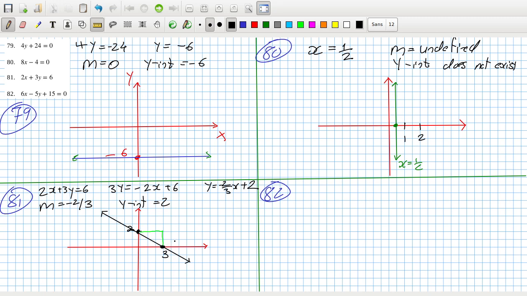Yeah. And then 82, 6x minus 5y plus 15 equals 0. So that means you'll get 5y equal to 6x plus 15. So you get y equals 6 over 5 x plus 15 over 5, which is 3. So the m is 6 over 5 and the y-intercept is 3.